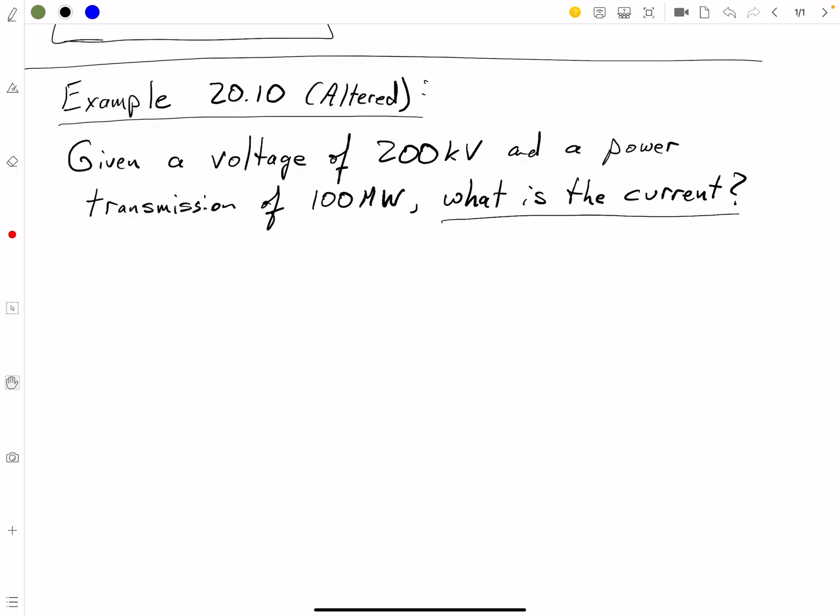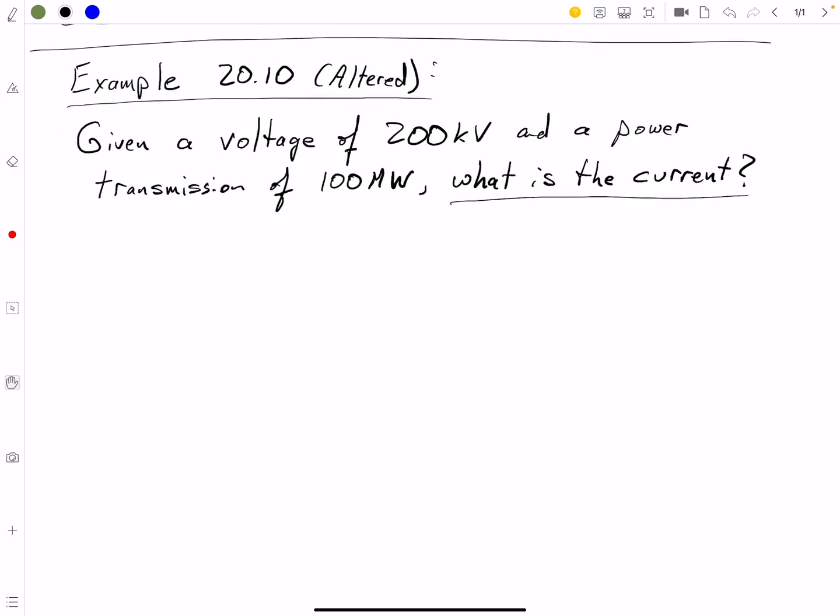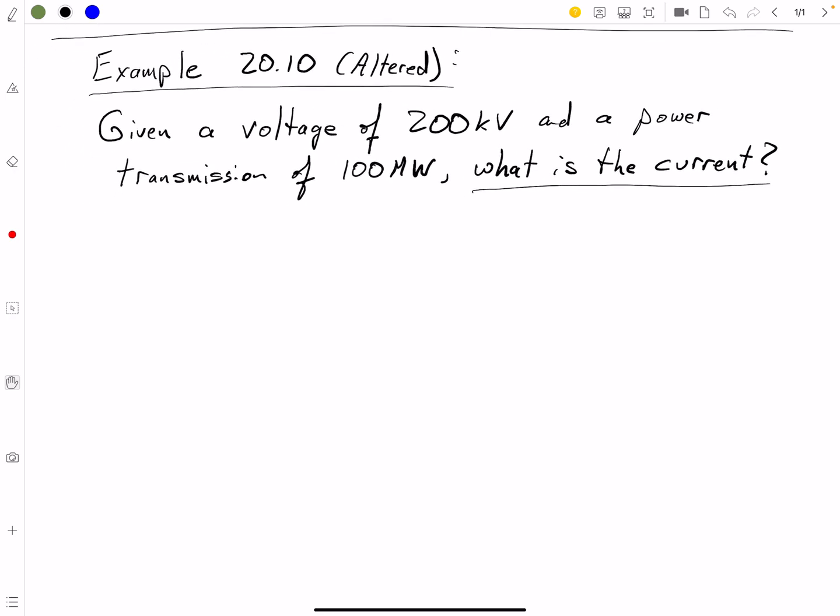So let's get into example 2010, and we'll start talking a little bit about power, transmission lines, all the stuff that we really need to think about. Let's say that we have a generator station.